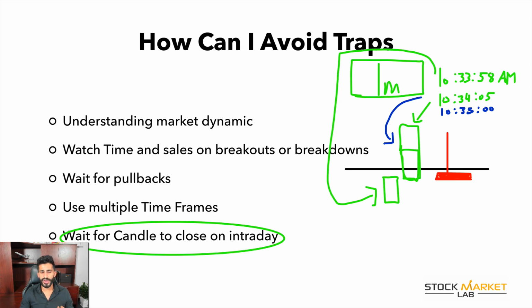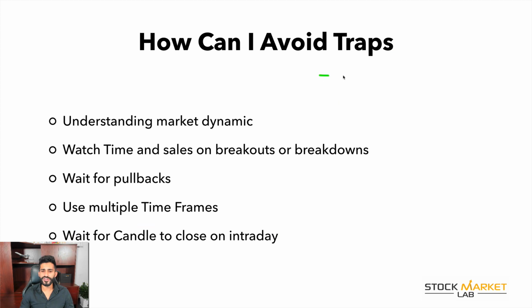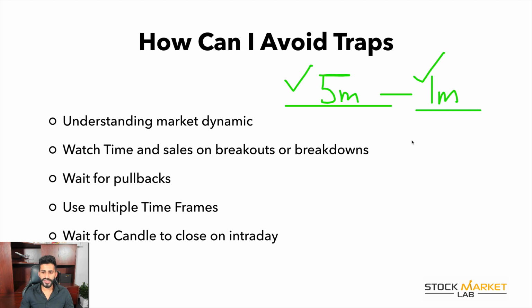So what I use when I use smaller time frames, I always use the 5-minute chart with the 1-minute chart. I use both in combination, right? I want to see what the 5-minute is showing and what the 1 is showing. I want to see these close. I want to see a strong close, right? When I like to get into trades, if a stock breaks out of a resistance point, I want to see it close above there.